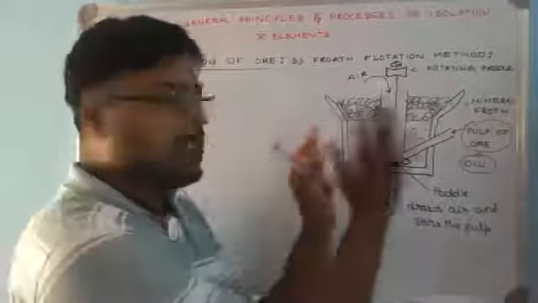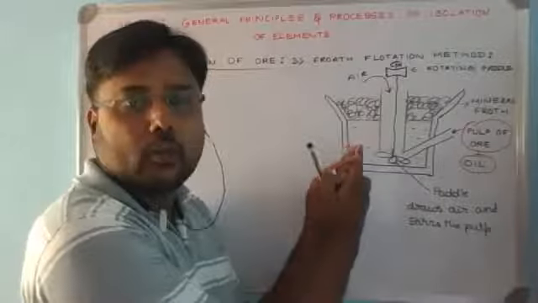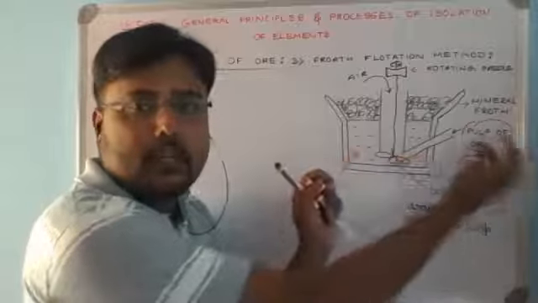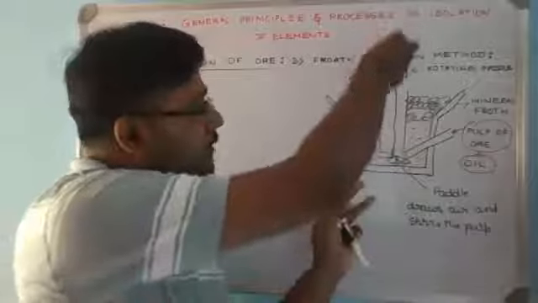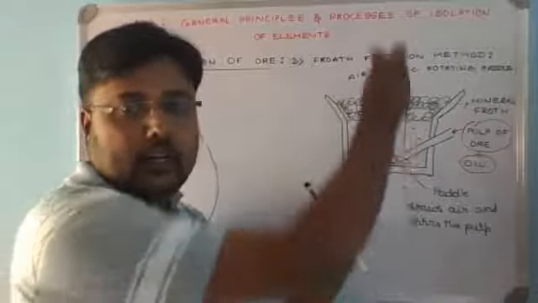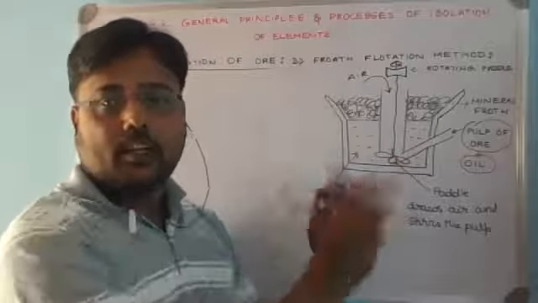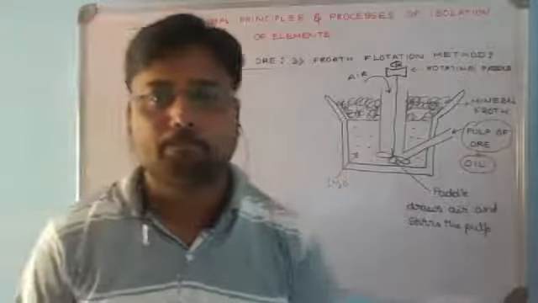So once this setup is done, you take a beaker filled with water, and you have a side arrangement to let the pulp of ore mixed with collectors enter, which in turn is fitted with a rotating paddle, which draws air into it and will make the pulp of the ore mix with water.